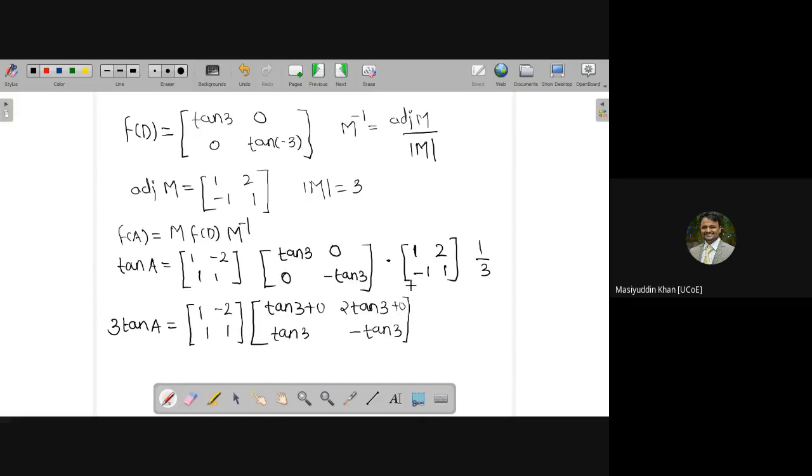First row, first column done, first row, second column done. Now the second row, first column: 0 into anything is 0, so we write 0, and minus tan 3 into minus 1 gives plus tan 3, because minus into minus is plus. Second row, first column completed. Now second row, second column: 0 into 2 is 0, so we write 0 as it is, and minus tan 3 into 1 is minus tan 3. This is the term we get here.